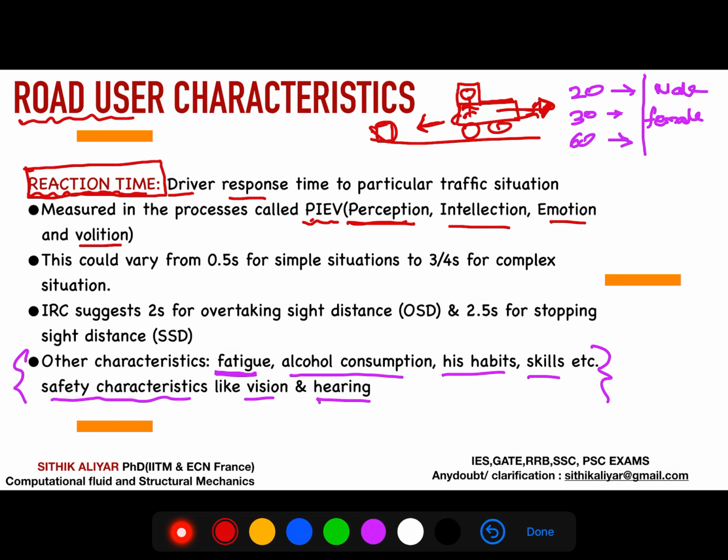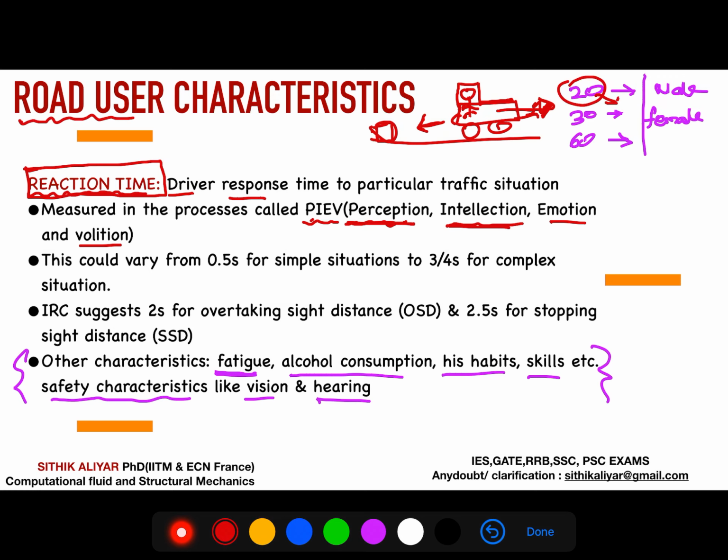Step 1: I will see the object. I have seen it, that is the perception. Intellection means I am going to collect previous memories of similar incidents. Consider I am a 20-year-old guy; if some similar situation occurred in my past, I will remember that particular situation.